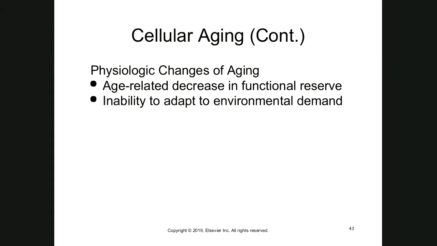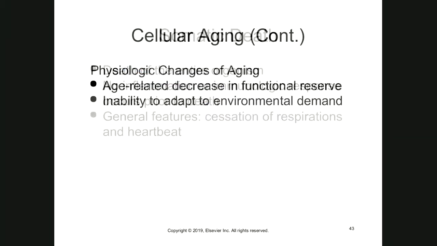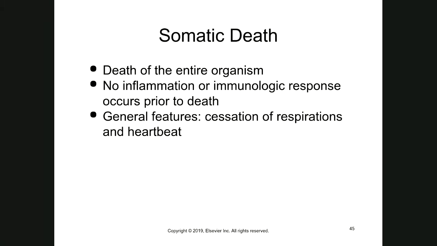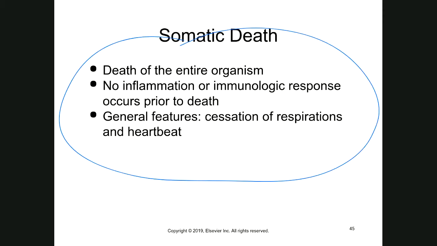Physiologic changes of aging is also out, but I want to ask you about somatic death. Somatic death is a multiple choice and includes the next slide, that is the last of the chapter. Death of the entire organism, no inflammation or immunologic response happens prior to your death.